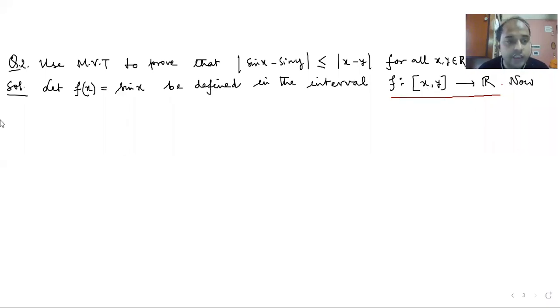Before I solved this particular problem, I gave a little bit of trial and error to find out the actual interval.